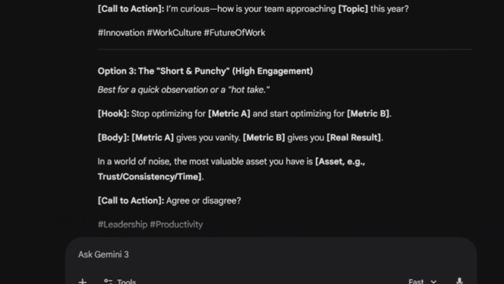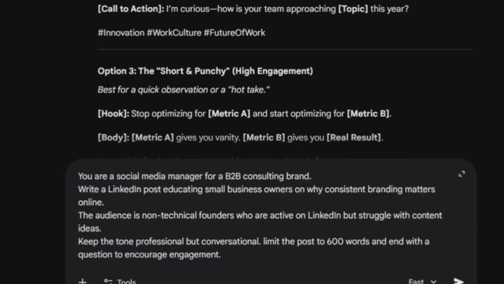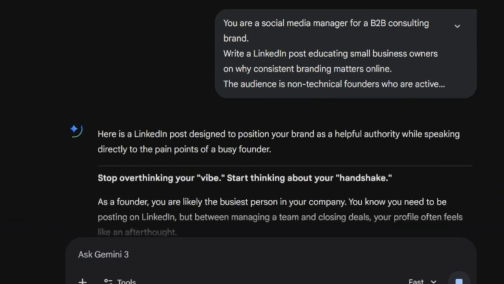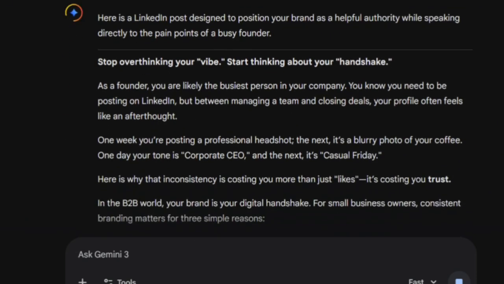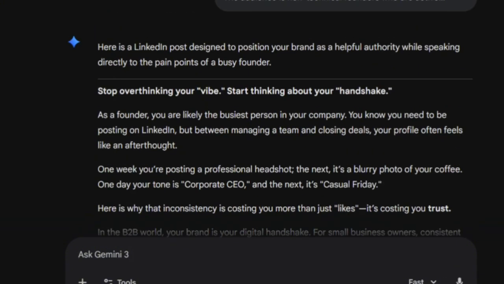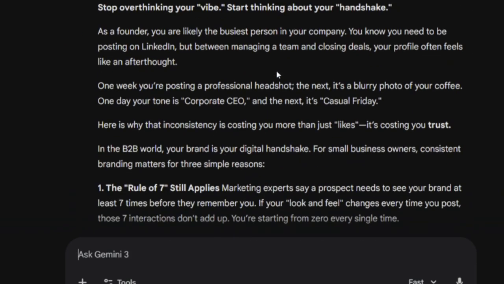I'm using the same chat. There, so that's the prompt. Let's run this. Okay, so from here you can see that the output given here is quite specific, and it is tailored to what we are looking for.